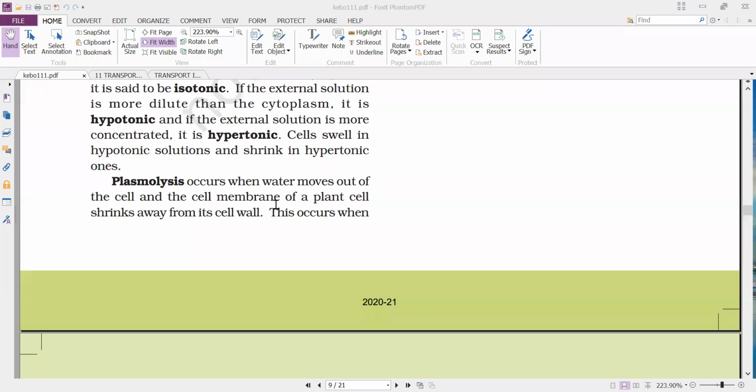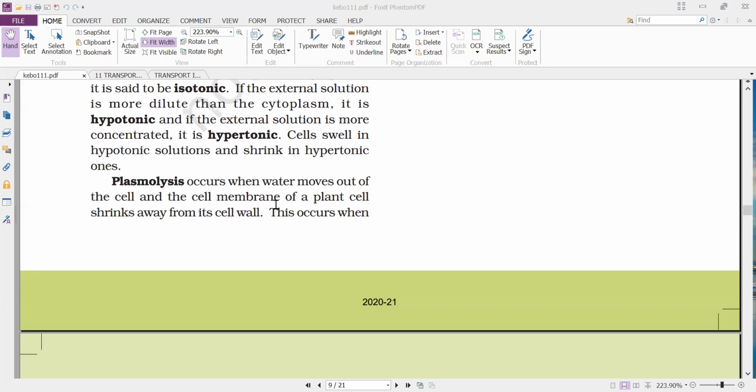Then what happens whenever you place an animal cell in a hypotonic solution? The cell will absorb water by endosmosis, and up to the flexibility of the plasma membrane, it can withstand. If the water enters beyond its flexibility, the plasma membrane bursts, leading to the death of the cell. But that does not happen with the plant cell.